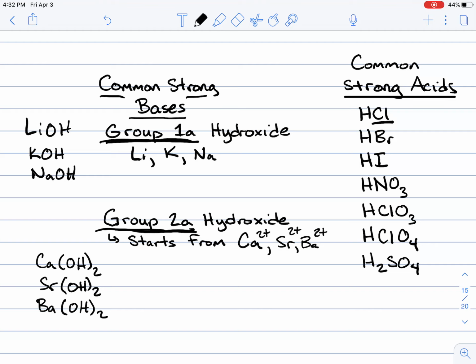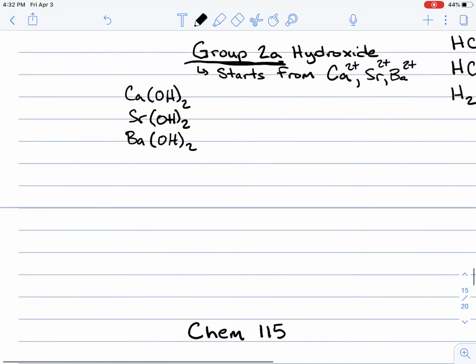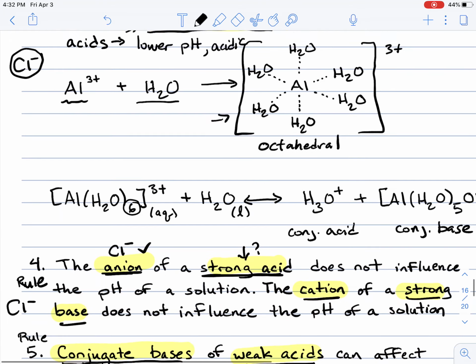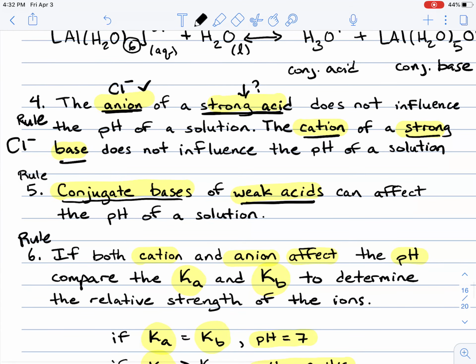Since Cl- is an anion of a strong acid, in this case hydrochloric acid, it fulfills the second part of that brief.